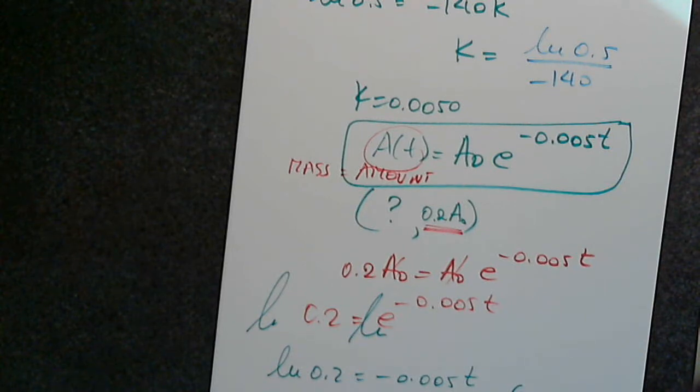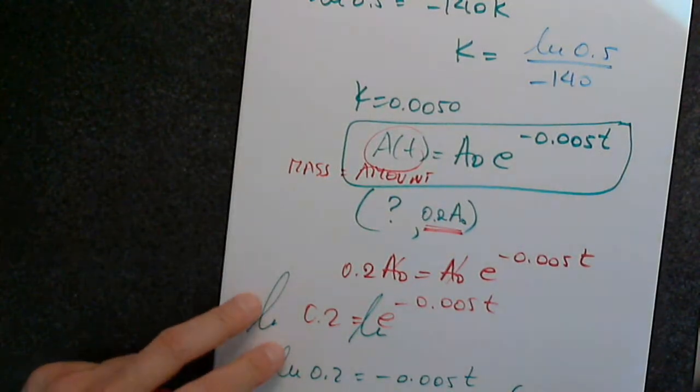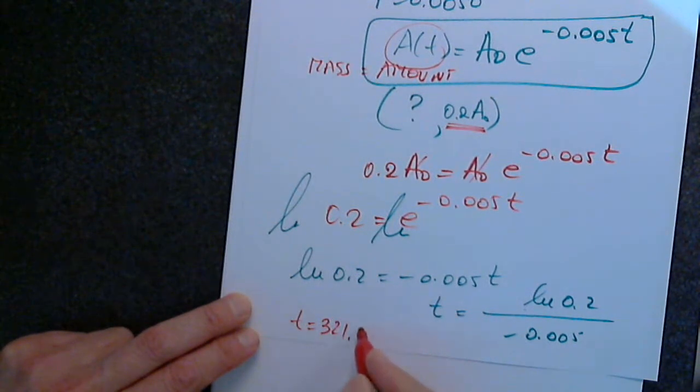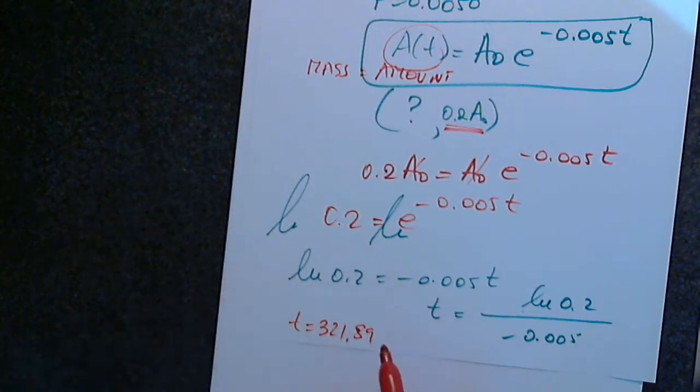Okay, with a graphing calculator. So we have natural log 0.2 and divide by negative 0.005. So t equals 321.89.